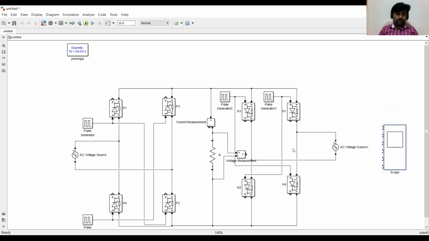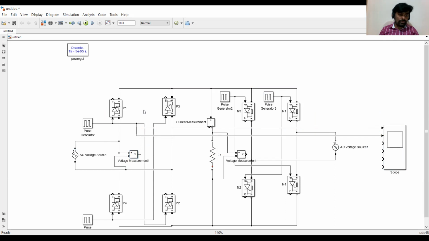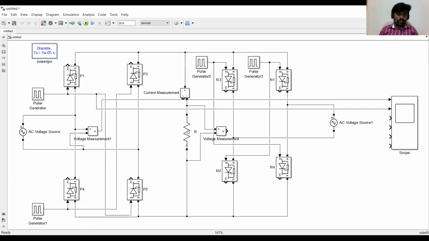right? So first I will measure the input voltage waveshape. Then I will see the firing pulses given to P1, P2, then the firing pulse given to P3, P4. Thereafter, it is N3, N4, then N1, N2.